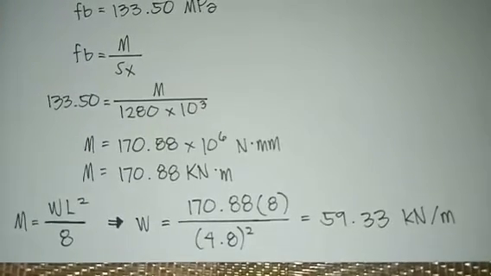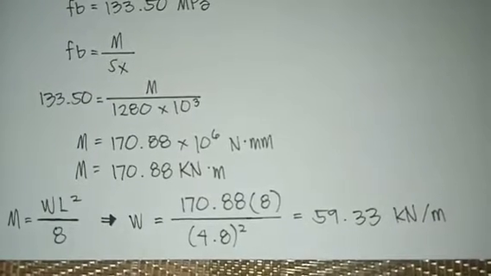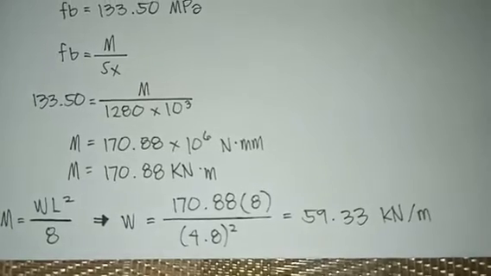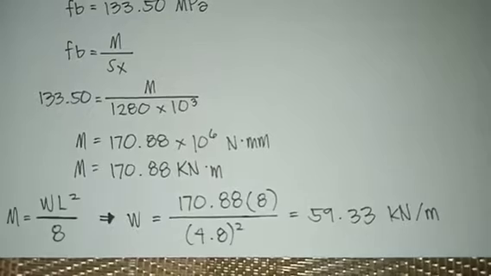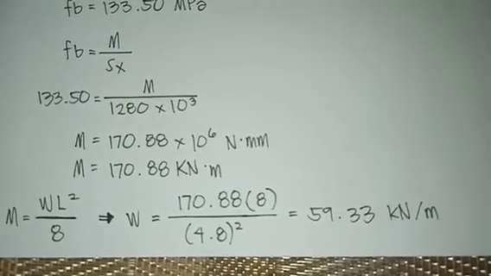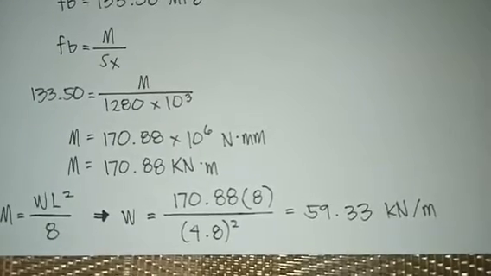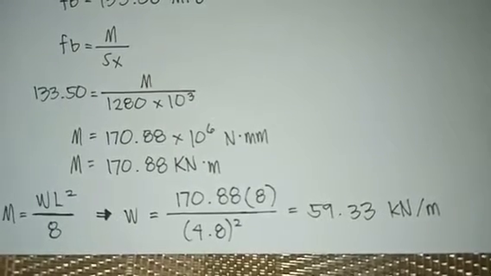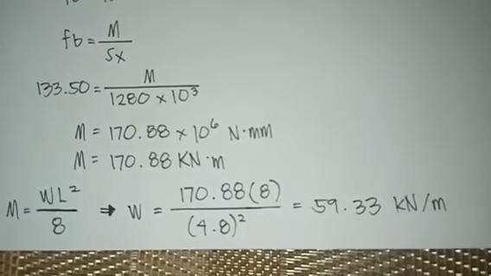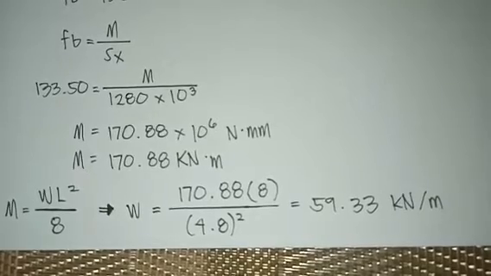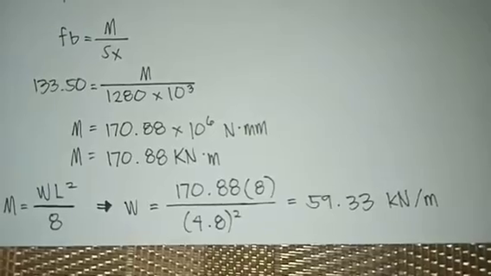So, fb is 133.50 is equal to M over 1,280 times 10 to the power of 3. So, M is equal to 170.88 times 10 to the power of 6 newton millimeters. We convert it to kilonewton meters. So, our answer is 170.88 kilonewton meters.